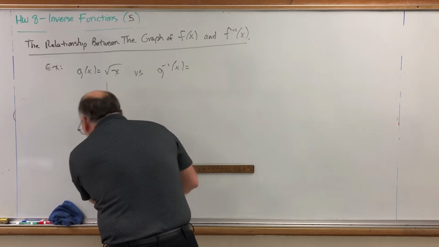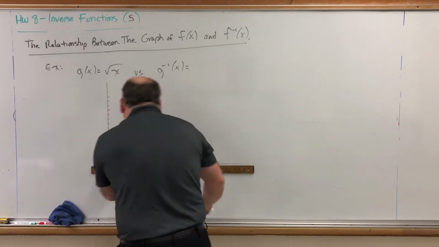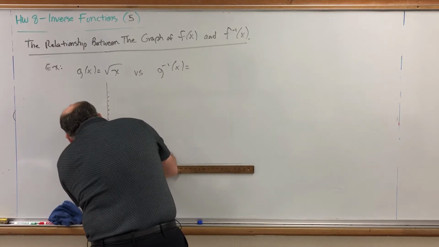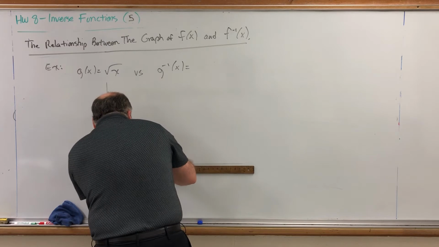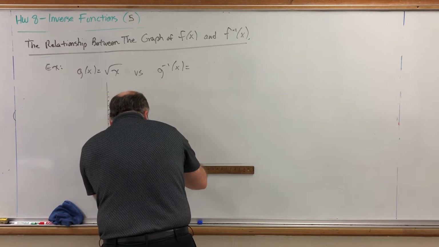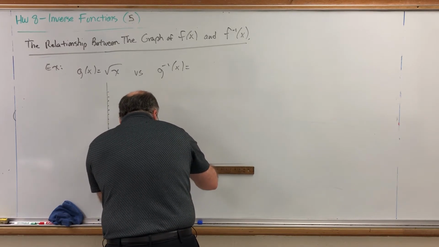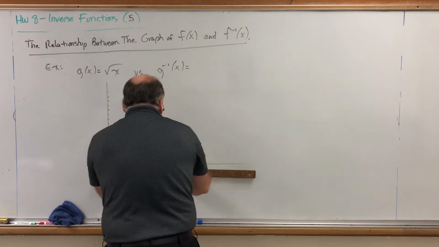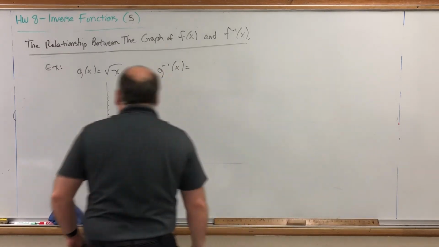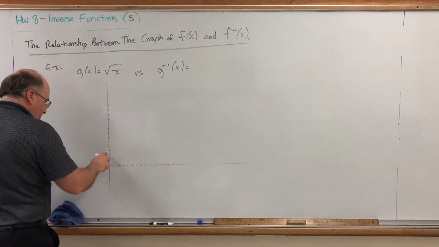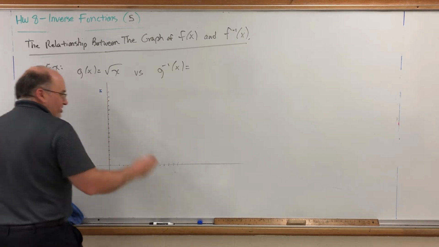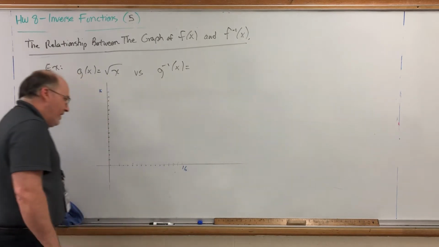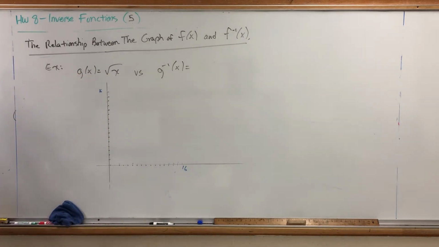Come on, marker, you're better than me. 1, 2, 4, 5, 6, 7, 8, 9, 10, 12, 13, 14, 15, 16. Okay, so I just marked this all the way from 1 to 14. It's going up 16 in each direction, and they are measured in inches so that it's consistent.